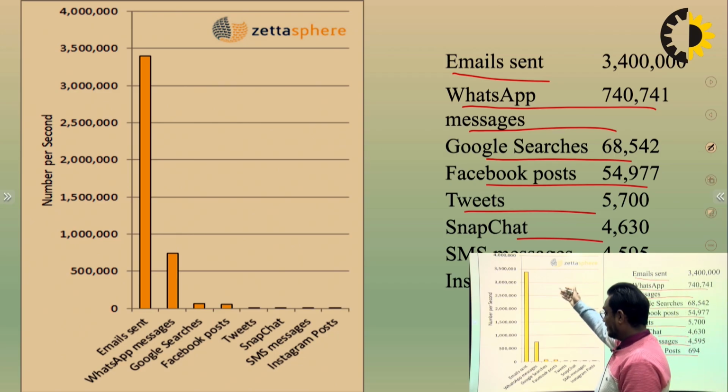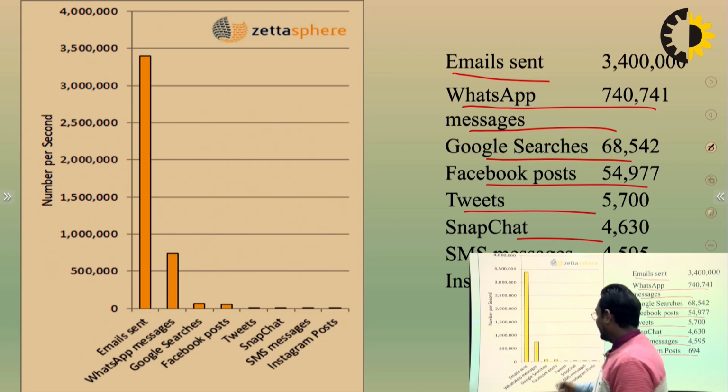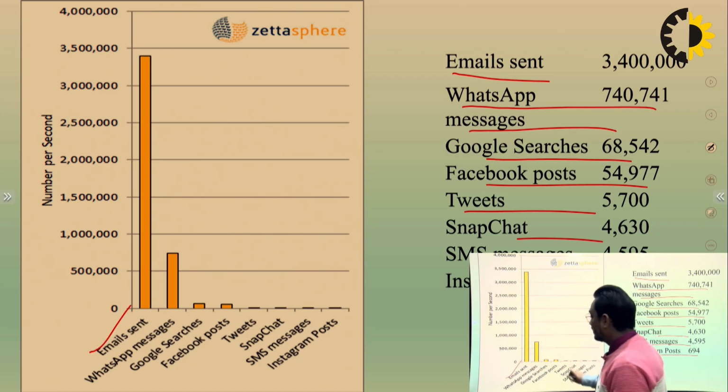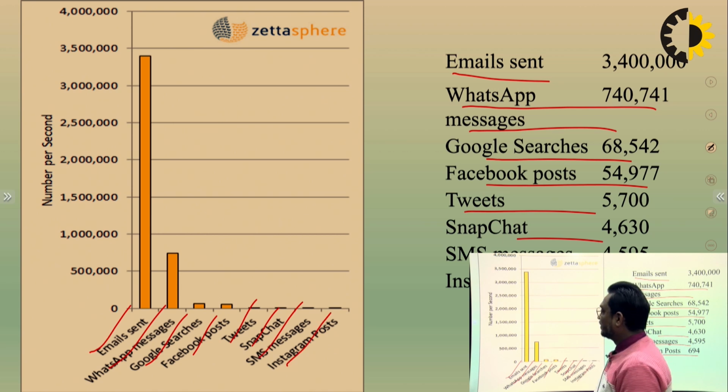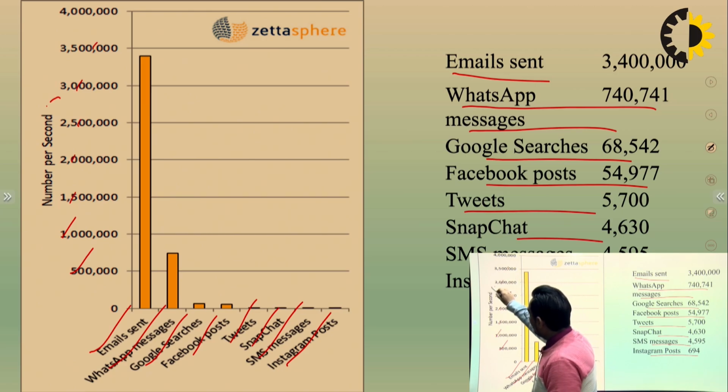This chart shows how much data is generated from these different things, and this is the data generated per second.